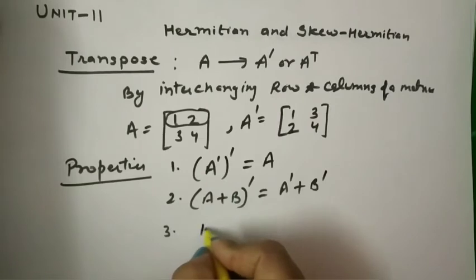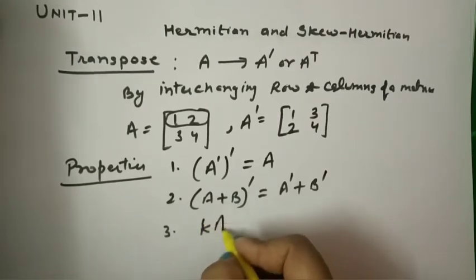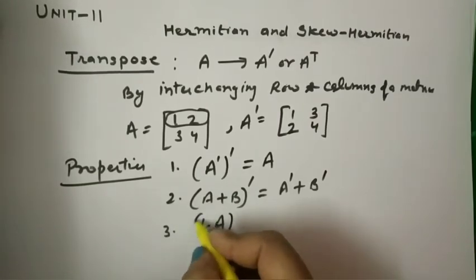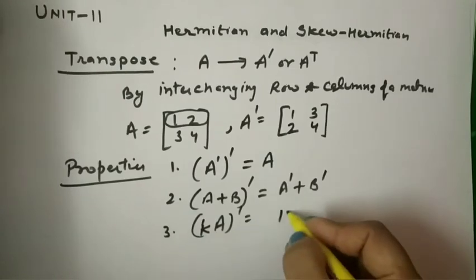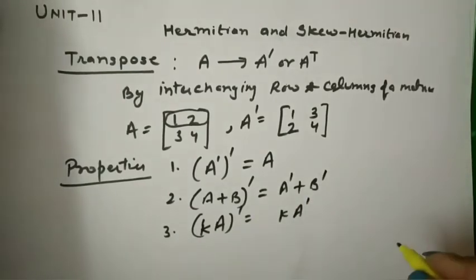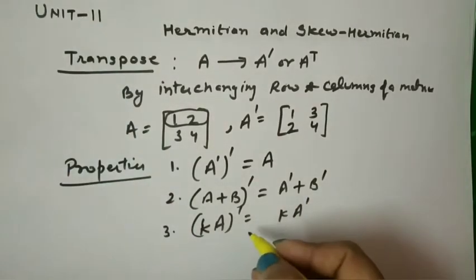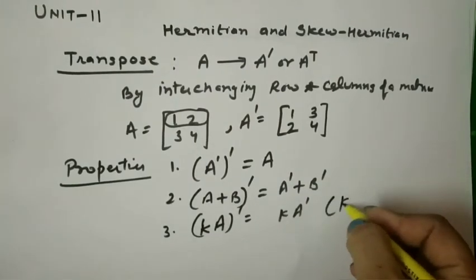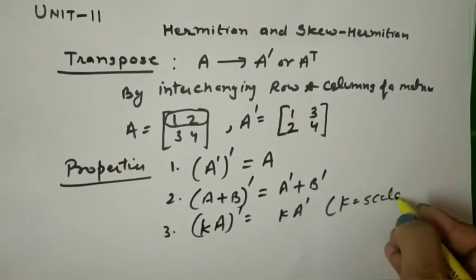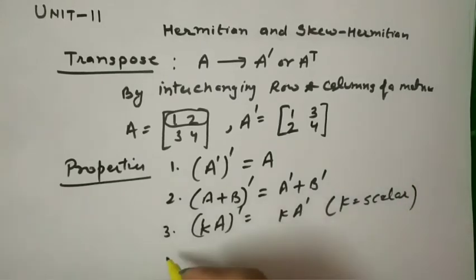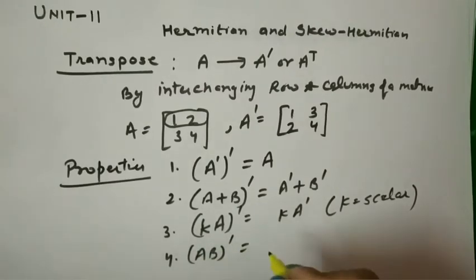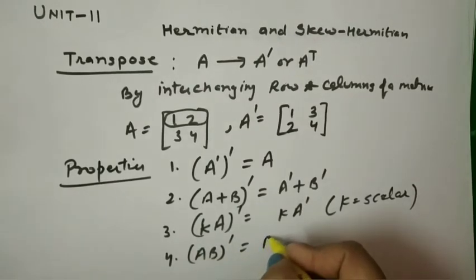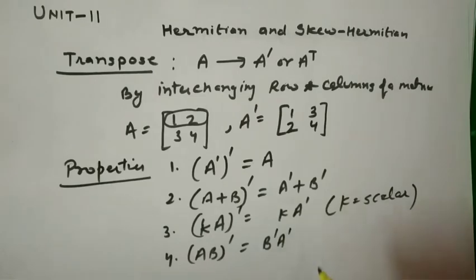Then we have, if we multiply a matrix A with the scalar K, then transpose will go on the matrix only. The multiplier scalar will remain the same. Now the fourth property is, if we apply transpose on the product of two matrices, then the reverse order will be there on the other side.